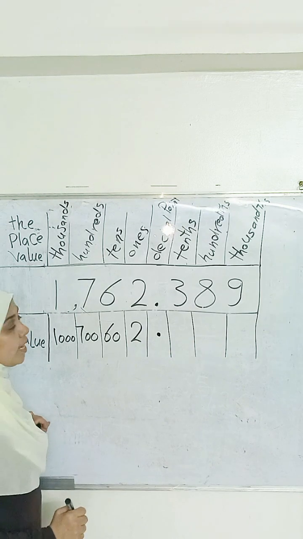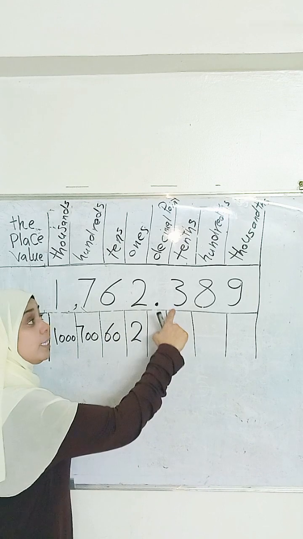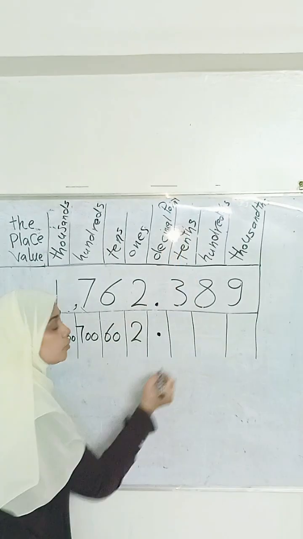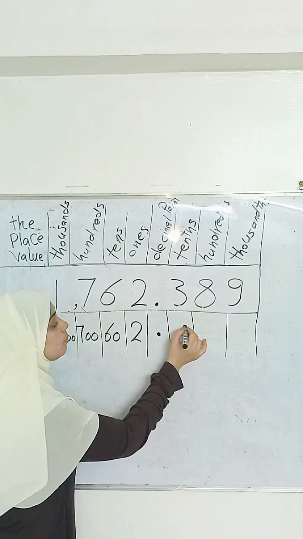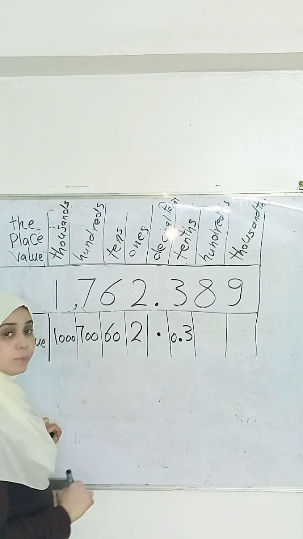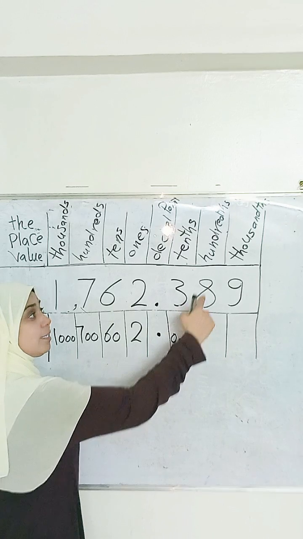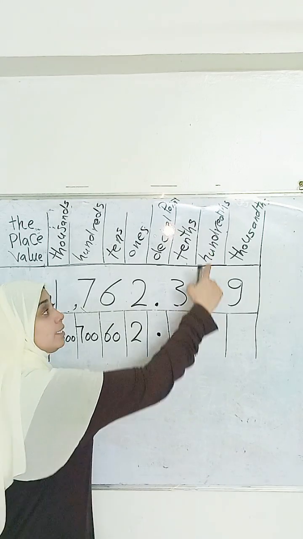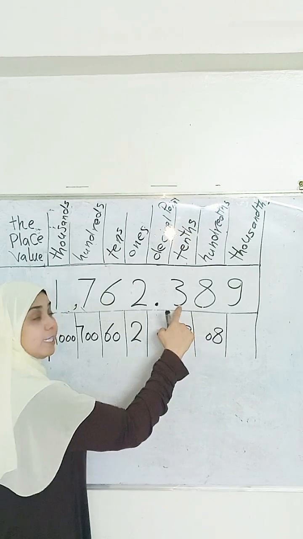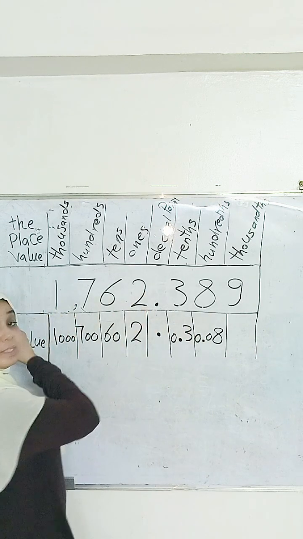What about 3? It's 3/10. Put 3 after the point, written as 0.3. What about 8? It's 8 hundredths. We will put 0 in the tenths place instead of 3, and put the point and 0 instead of these numbers.